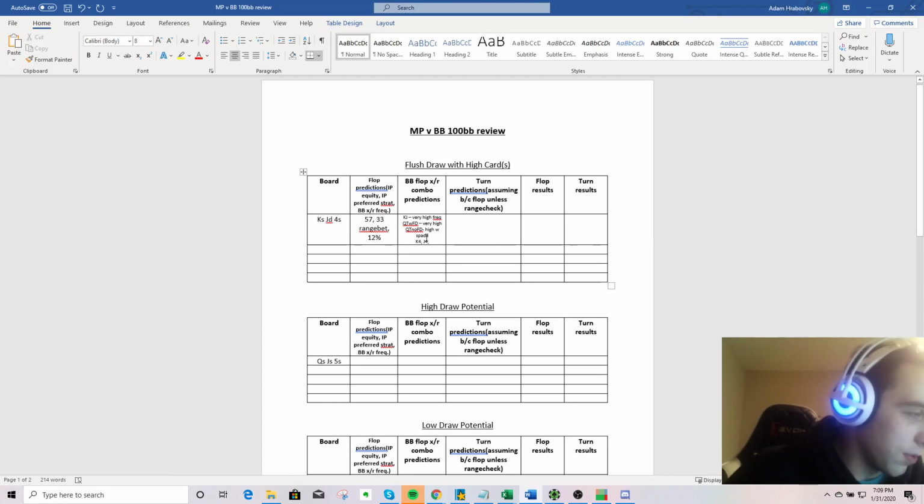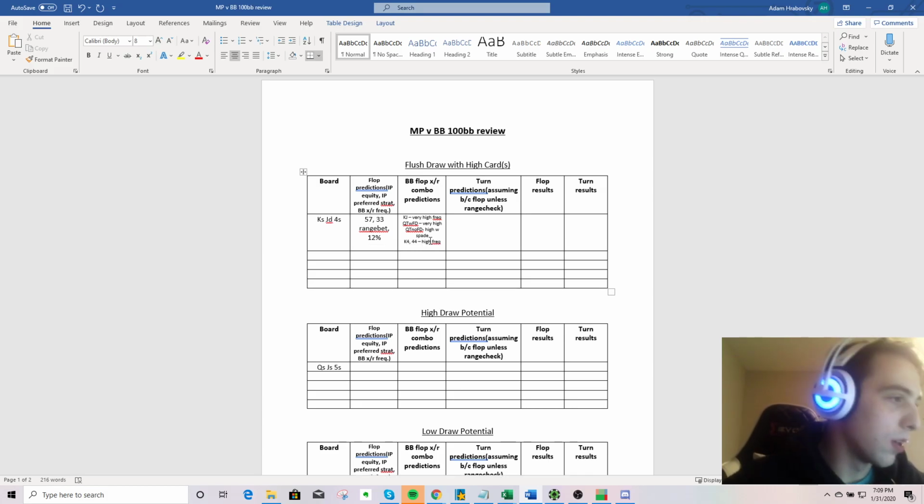People still, I'm sure, will show up with this hand at some frequency, but won't put it in there for now. And then obviously pocket 4s are going to be high frequency. Say high for Queen 10 with a spade, low without spade.